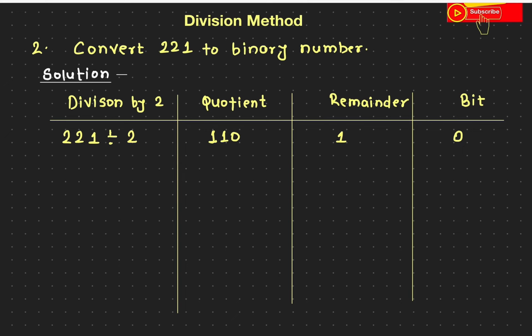So now we have to divide this number by 2. 110 divided by 2, the number we'll get is 55.